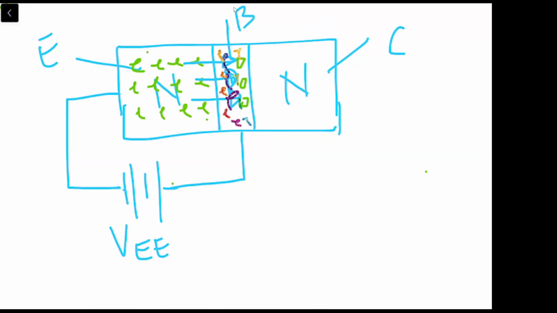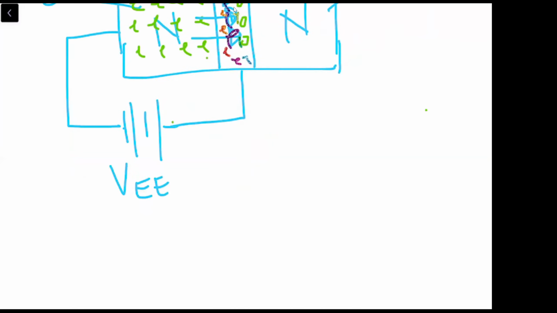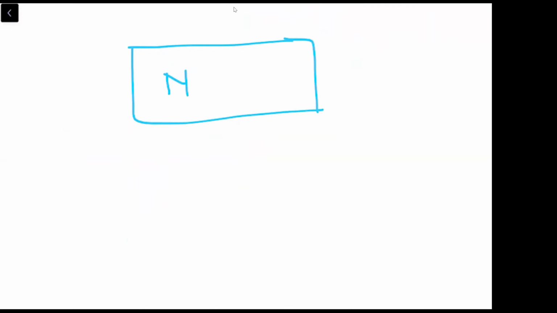Now, if we again see the same thing, and say we had the N, P, and N, so this is our emitter, this is our base, and this is our collector.